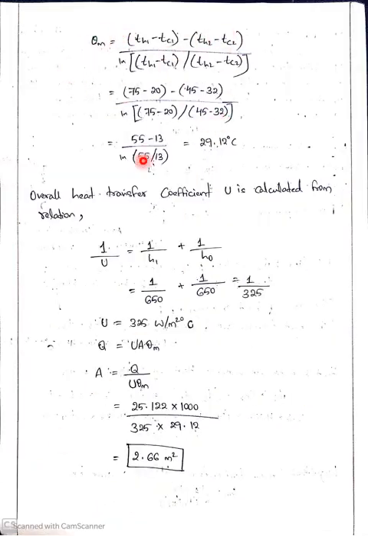If you substitute, you will get theta m. Now U. He has given the inside and outside heat transfer coefficients, so this is the formula for the overall heat transfer coefficient. Just substitute the values given in the question, and you will get U. So this is the universal formula for heat transfer between two fluids, Q equals U A theta m.